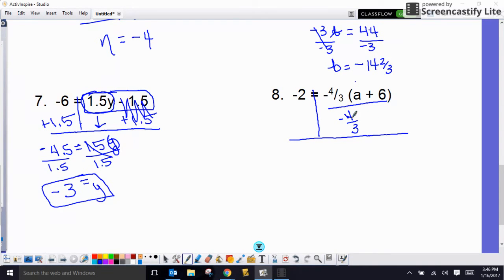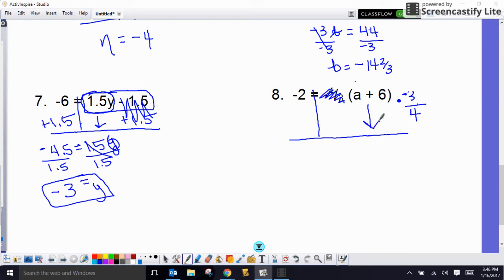So remember what happens when you divide by a fraction? Yep, that's right. You're really multiplying by the reciprocal. So in order to divide by -4/3, I'm actually going to multiply by -3/4. That gets rid of this.